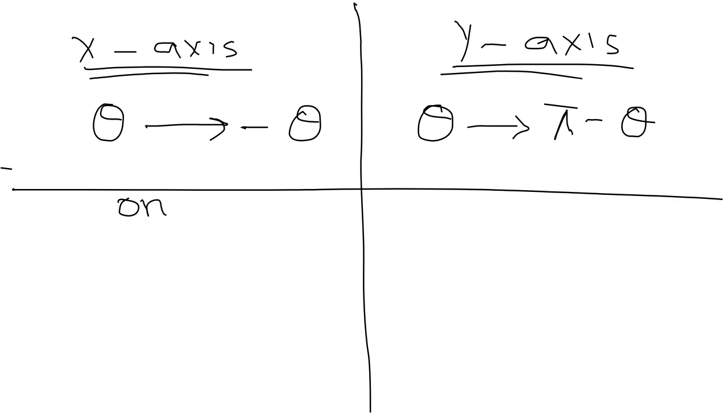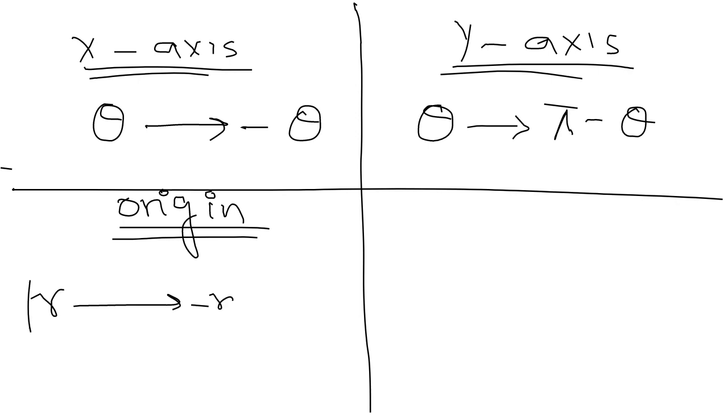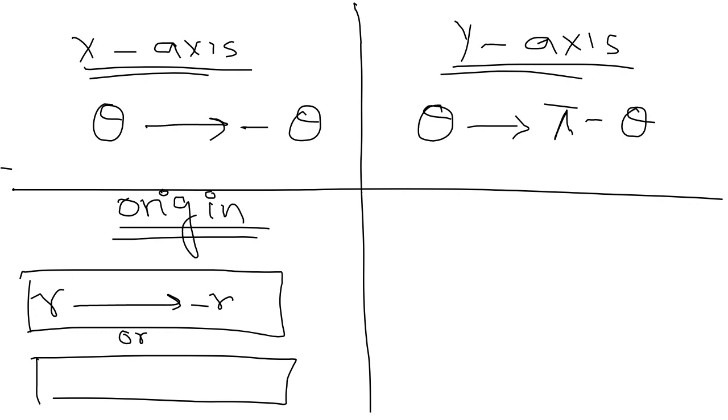When you talk about origin, you can either replace r with minus r, or replace theta with theta plus pi. You can choose either one for the origin. If you remember these formulas for symmetry, I think you can solve each and every question. Even if the question is complicated, you just put the values and check whether it is symmetric or not.